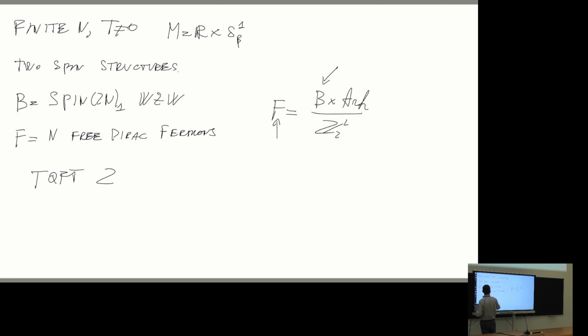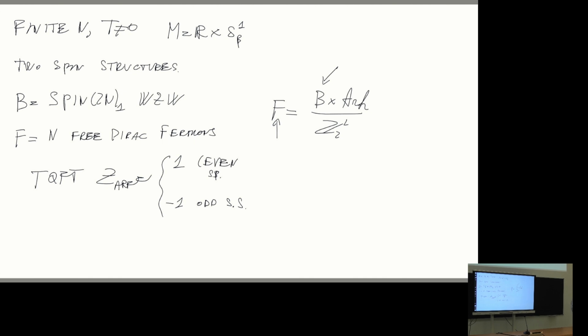which has an amazingly simple partition function. This partition function is the following: it is 1 if you have so-called even spin structures, and it's -1 if you have odd spin structures. Now, odd or even spin structure means how many fermion zero modes you have mod 2.